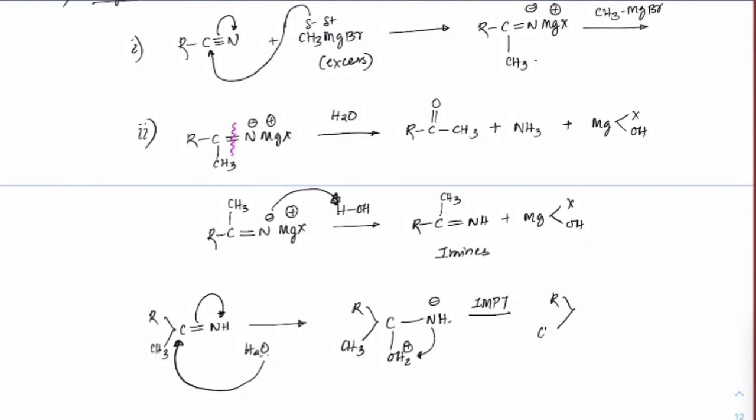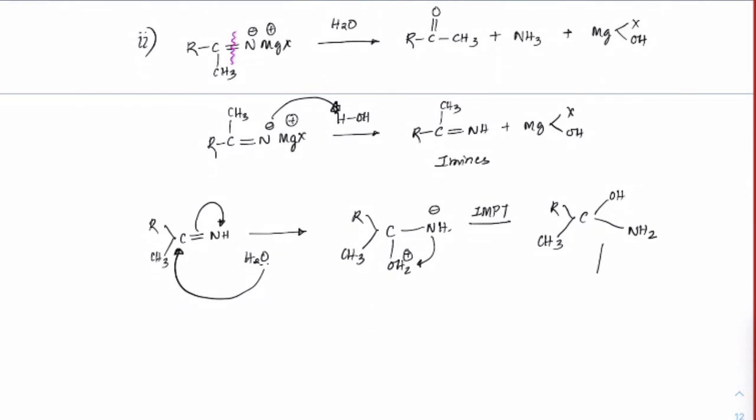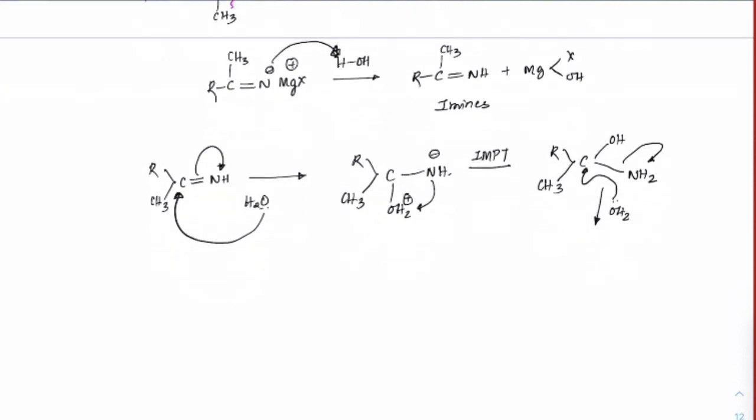We will get R CH3 C OH with NH2, right. Again on hydrolysis H2O, the lone pair will attack here, NH2 will come. This reaction happens slowly because NH2 doesn't come that easily.